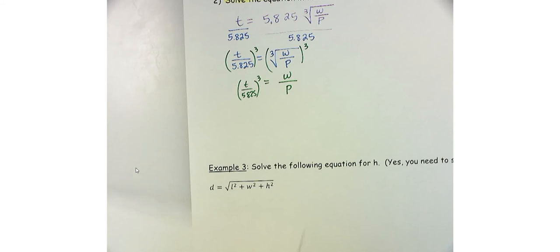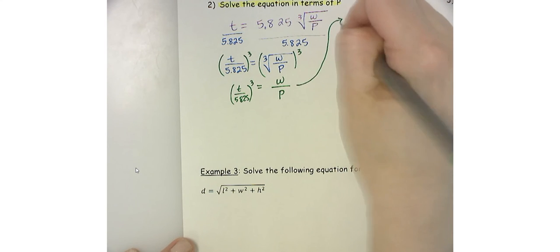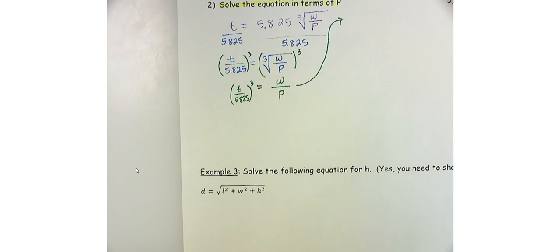So if you do distribute, I'm going to do one method where I multiply by P, the other method where I distribute. Okay, so if you distribute, you're going to have T cubed, and then we're going to leave this as 5.825 cubed. Can you guys think about why I might leave it like that at this point?